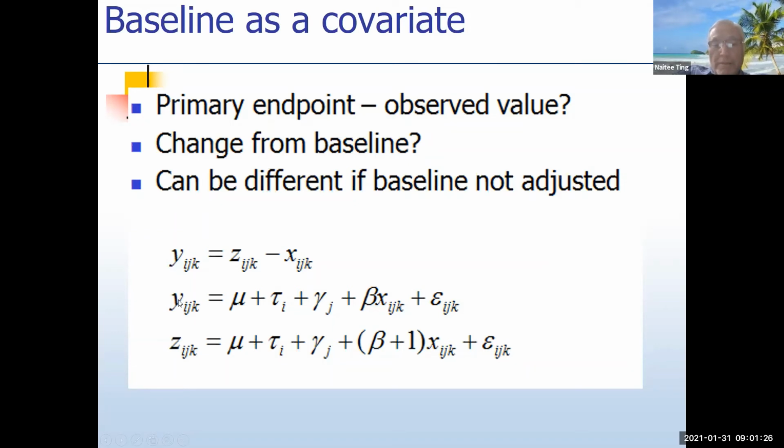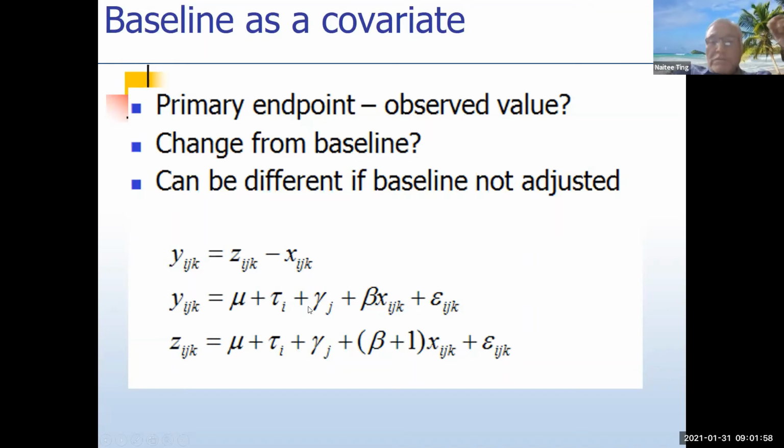And of course, you have a mean, then your treatment effect and your stratification factor effect. These values are very different. What I should have done is say mu prime, tau i prime, gamma j prime, and so on. So if you don't have baseline in the model, the treatment effect could be different depending on whether you're analyzing change from baseline or the last observation.